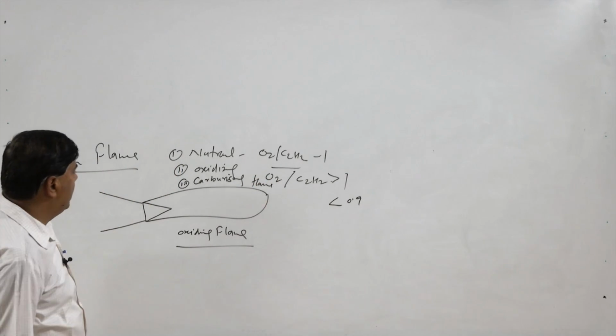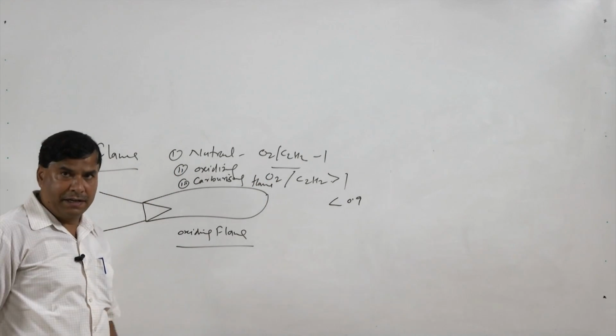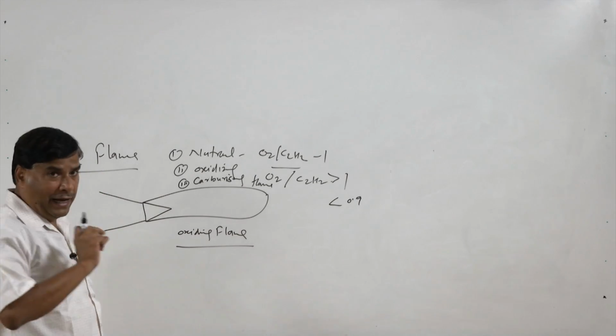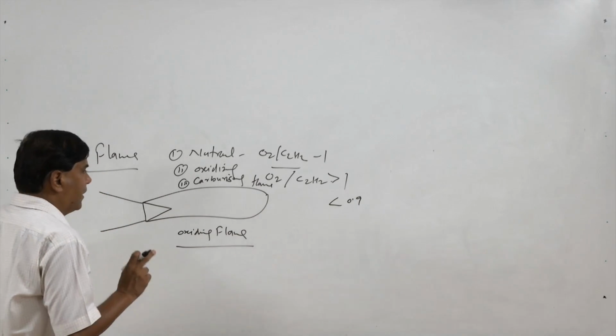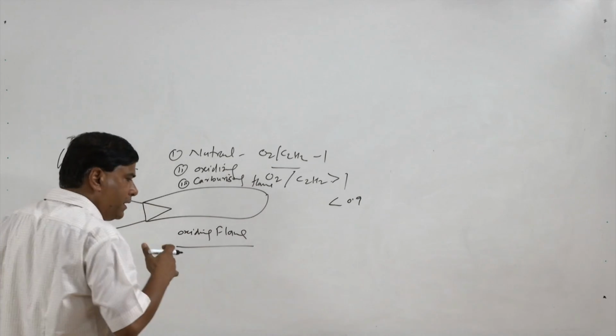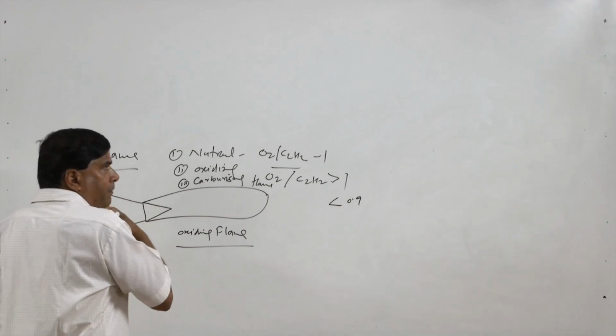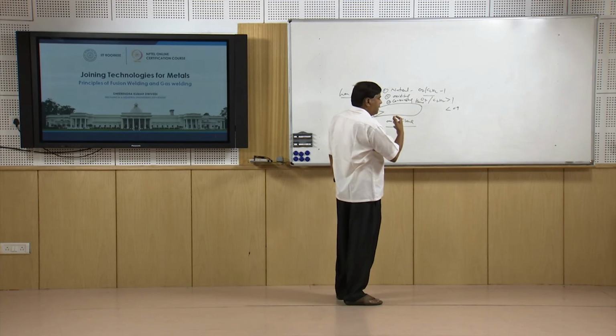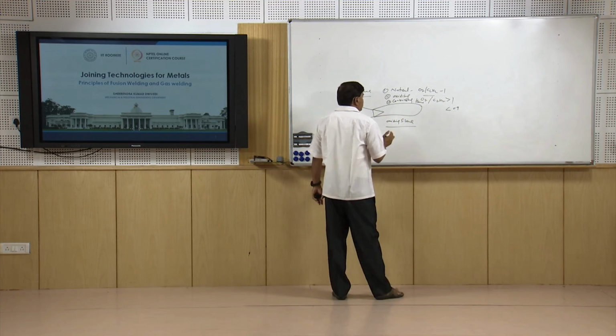Carburizing flame, whenever it is developed, you will see one additional cone corresponding to the region where incompletely burned gases are present.